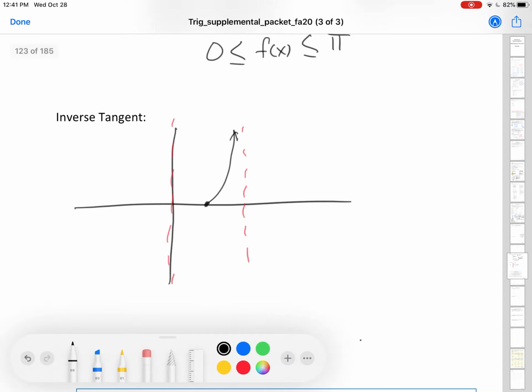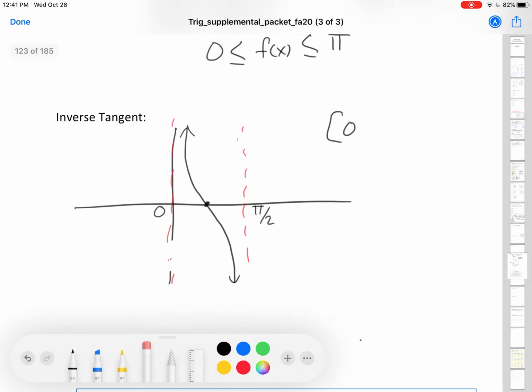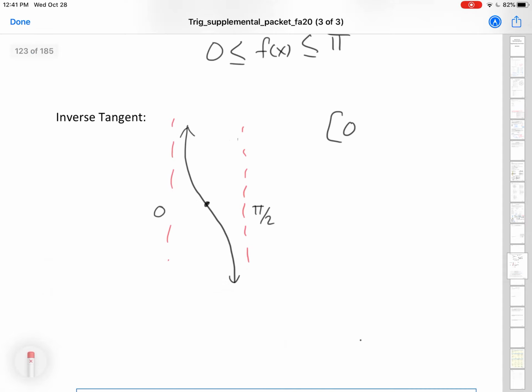Oh, I apologize, that's not tangent. You must be thinking I'm crazy. I really apologize. I was drawing cotangent, and I knew that that was a problem from what I was about to say.